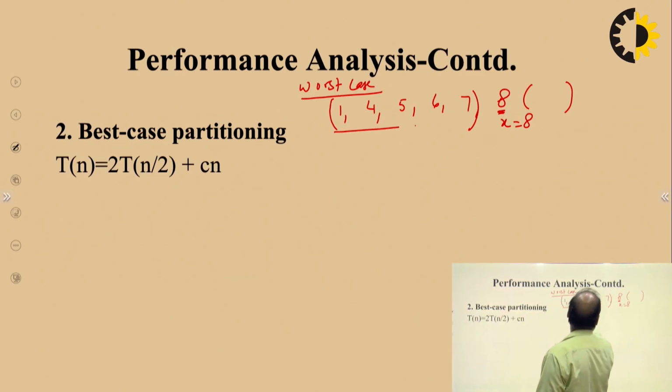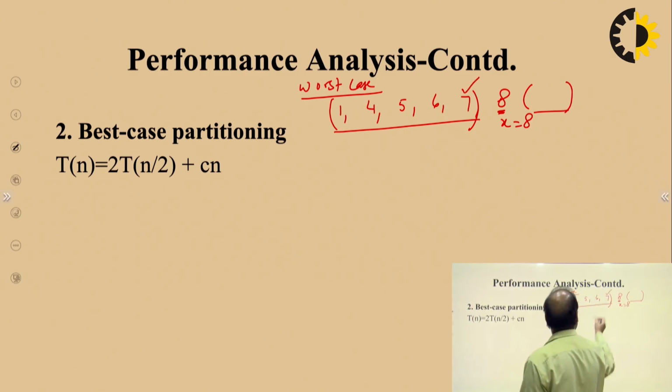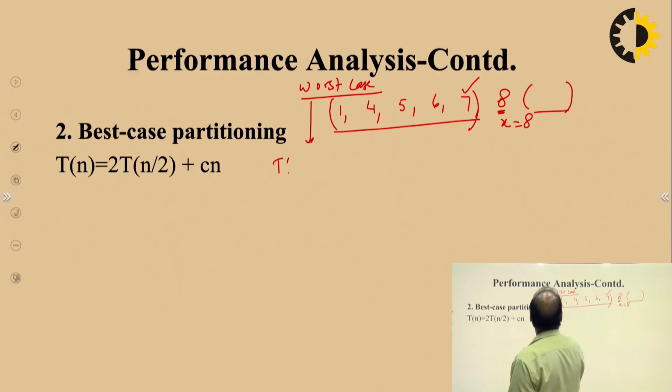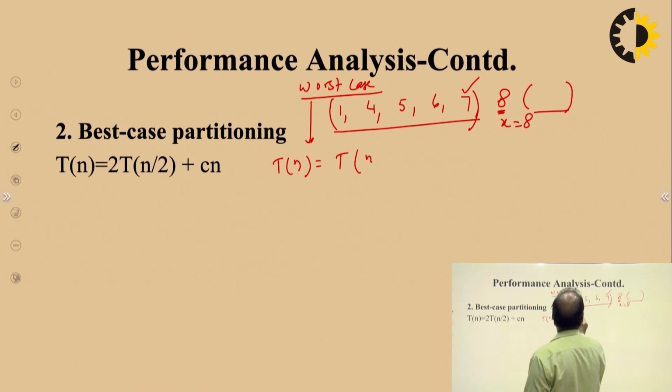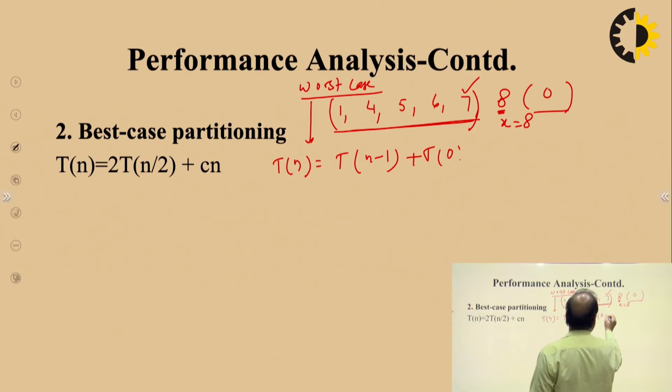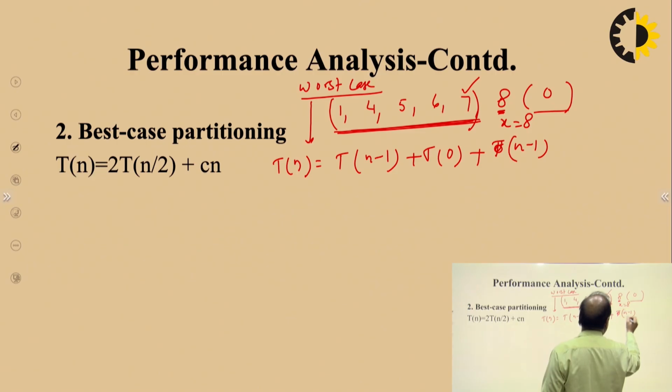So if you are solving this type of question, again take this partitioning element, you will see elements on the left hand side, and on the right hand side you will not see any element. If we think about the recurrence relation for this question, the total problem is n, T(n-1). Left hand side remains n-1, right hand side remains no elements, 0, and this process of partitioning is continued up to n-1 times, okay?